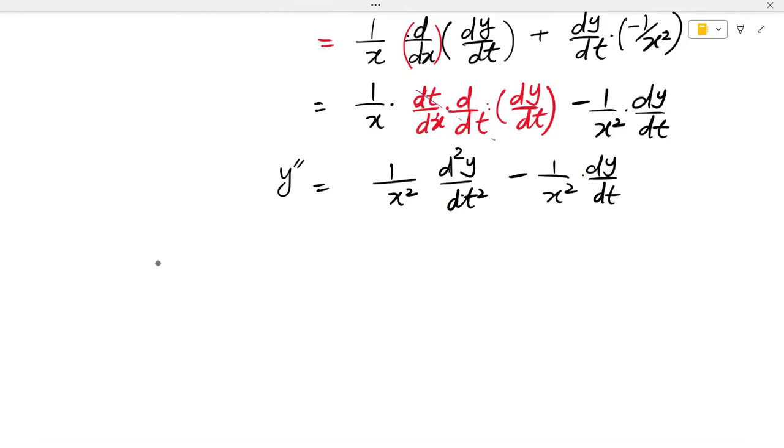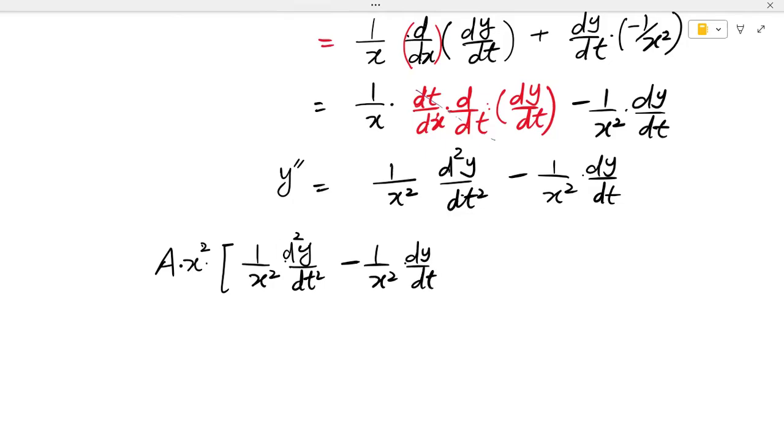So the equation becomes a times x squared, and the equivalent of the second derivative, d2y dt squared minus 1 over x squared dy dt, plus b x times 1 over x dy dt, which is the equivalent of y prime, plus c y, and it is equal to f of x.